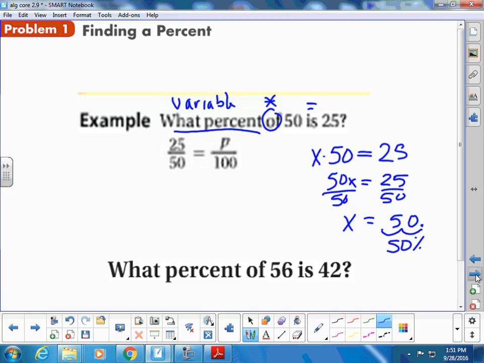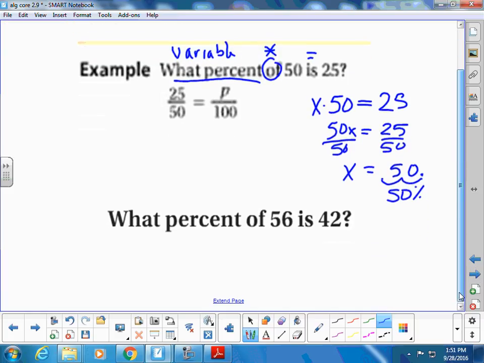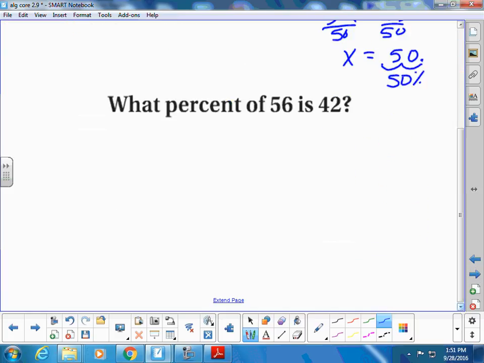So let's try another one. What percentage of 56 is 42? So x times 56, 56x equals 42. To solve, again, I divide by 56.